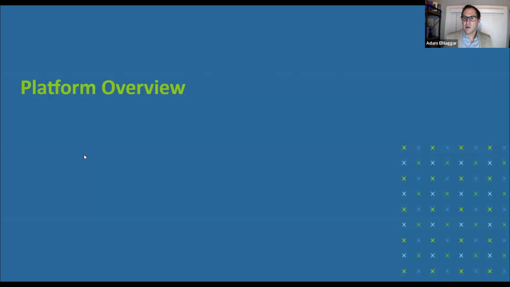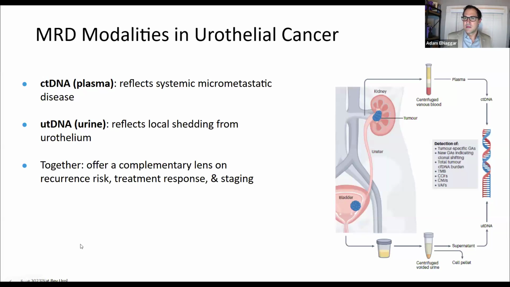And so just a quick platform overview. Dr. Gupta, if you want to talk about that. Yeah, thanks, Adam. So we made a lot of progress over the last few years in biomarkers in bladder cancer, urothelial cancer in general, and there are several MRD modalities in urothelial cancer. One is, as we know, the circulating tumor DNA, which is shed in the plasma, and it reflects systemic micrometastatic disease or patients with overt systemic metastatic disease.